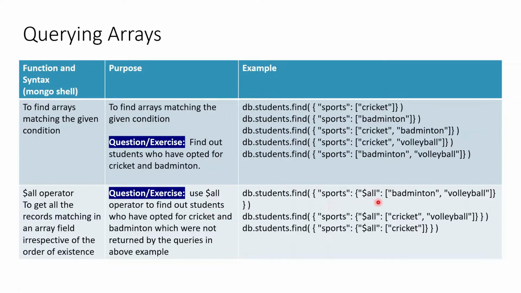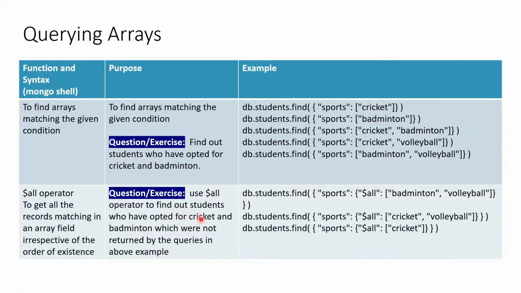We need to pass the $all operator. So what does it do? It returns all the records matching in an array field irrespective of the order of existence. We are going to see that in our hands-on section also, but before that let me share the question relevant to this.